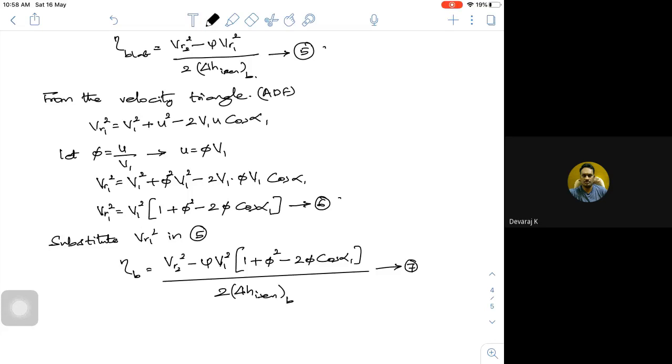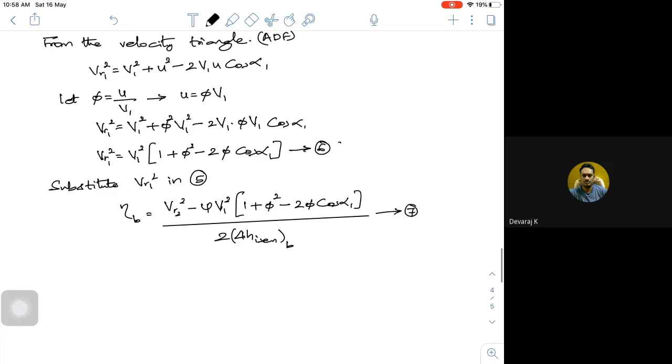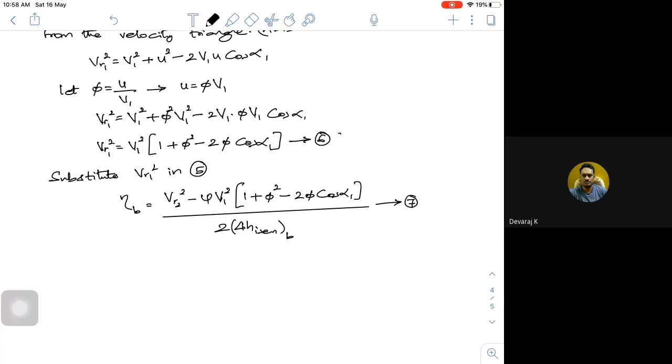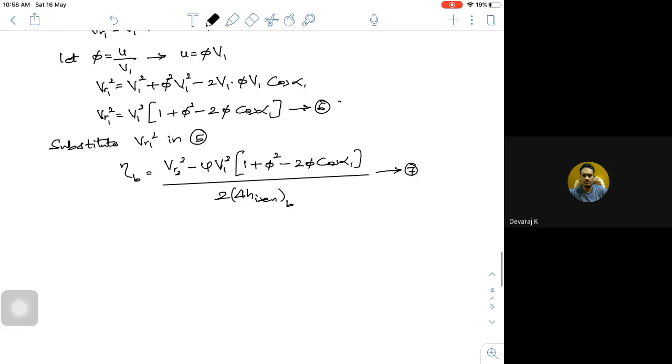So this is the expression for your blade efficiency or vane efficiency, and we have a similar expression for your nozzle efficiency. Here I can take the isentropic drop to the numerator and cross multiply.